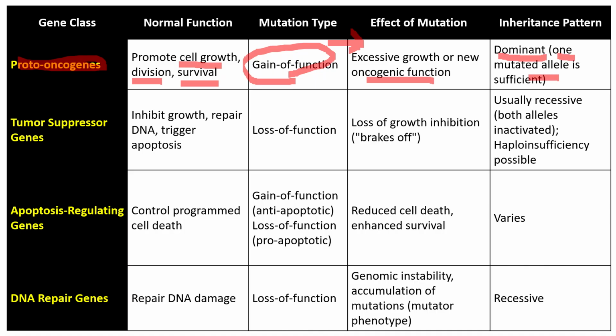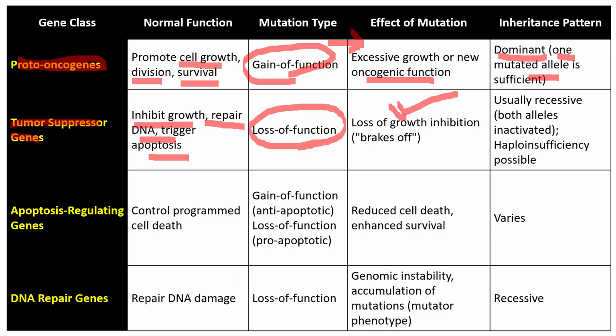Another group is tumor suppressor genes. These tumor suppressor genes inhibit the growth, repair DNA, and trigger apoptosis, and the mutation type commonly encountered is loss of function mutation. The effect is loss of growth inhibition.